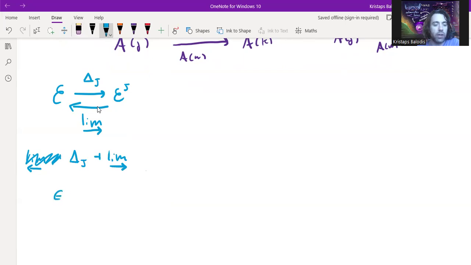So I'm going to use an epsilon, and it's going to go from delta J composed with, oh, did I write the wrong limit too? Sorry, in order to be consistent with notation, this is the limit that goes this way, where the arrow points this way. So I need a natural transformation from the composition of these two functors into the identity functor on the category C to the J.